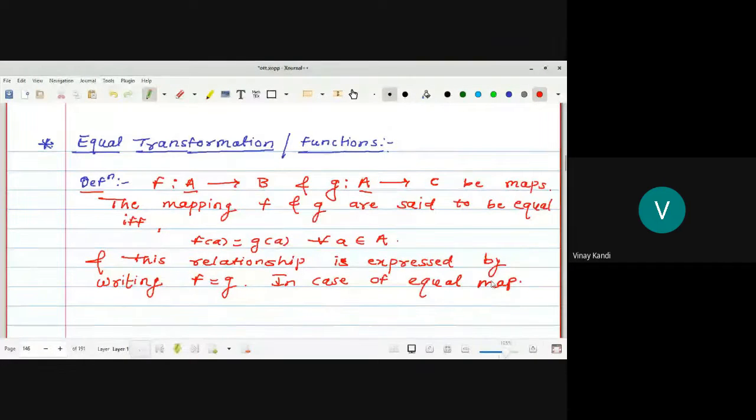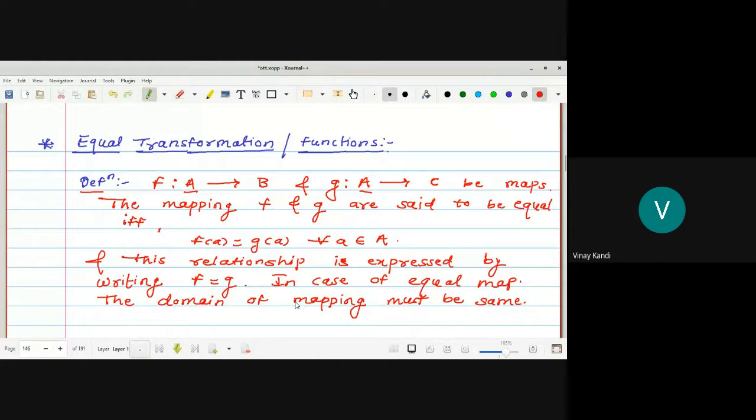So in the case of equal maps, the domain of the mapping must be the same. Underline this statement. This statement can be asked in your exam. The domain of the mapping must be the same.